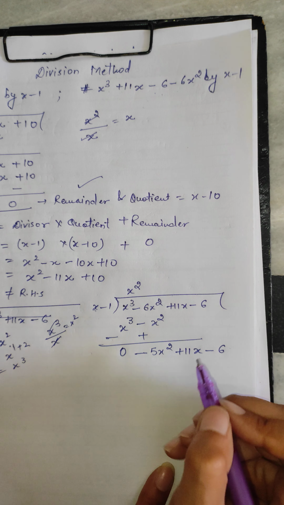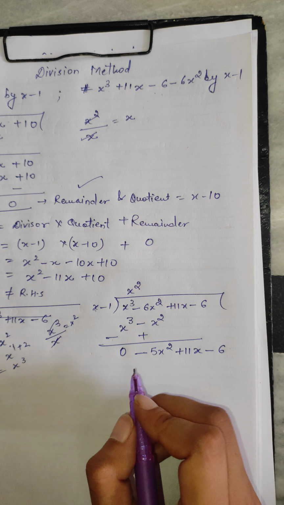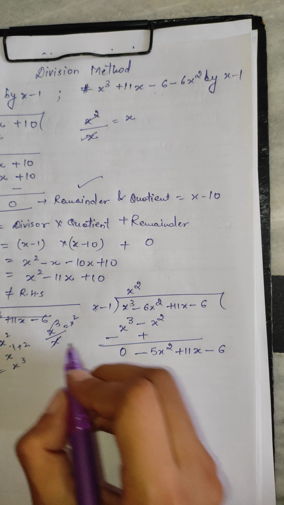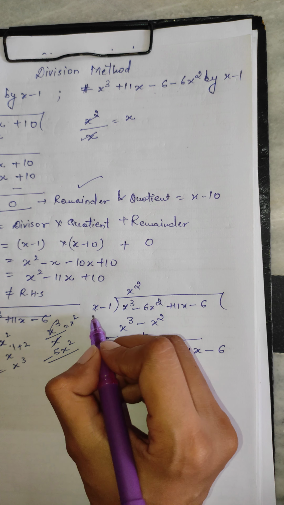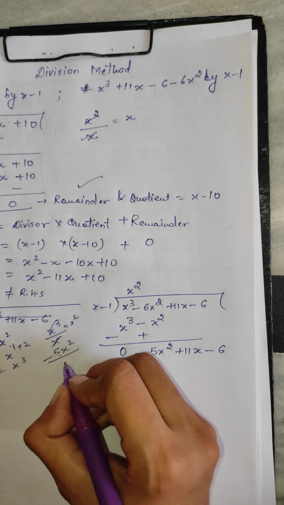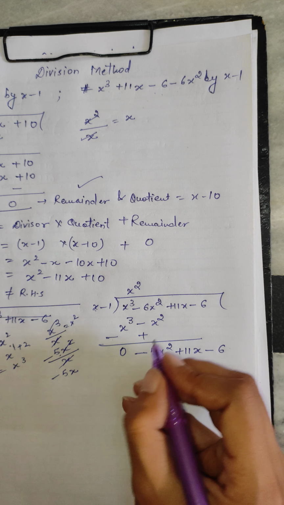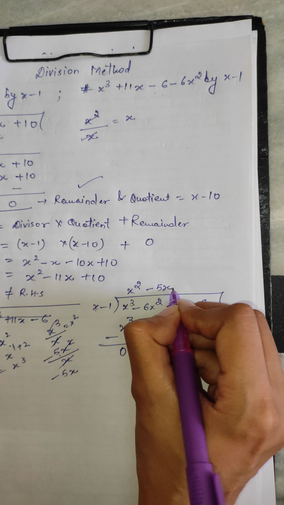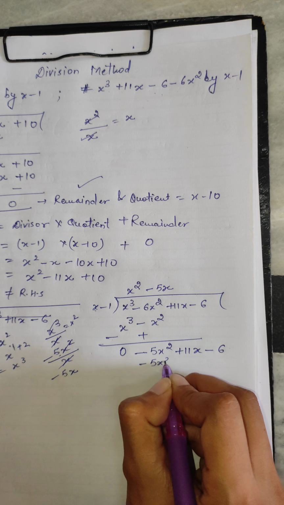Now the next term, the first term is minus 5x square. I need to check which term is required. Minus 5x square divided by x becomes minus 5x. So the next term is minus 5x. Minus 5x multiplied by x becomes minus 5x square.